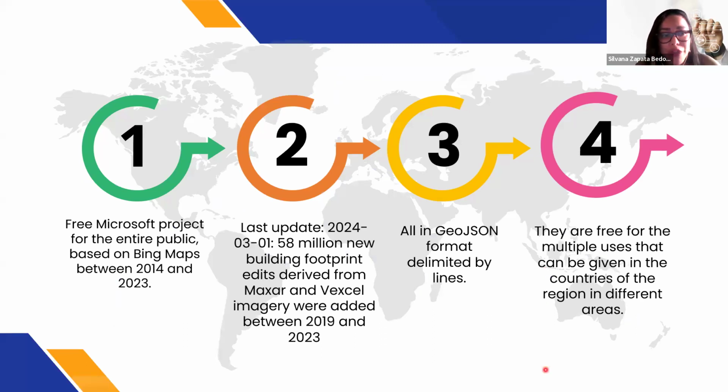Google's project converts many codes simultaneously and maps with OpenStreetMap. The last update in March 2024 is very great, with 58 million additions for the points of buildings, derived specifically from images by Maxar and Vexcel between 2009 and 2023.